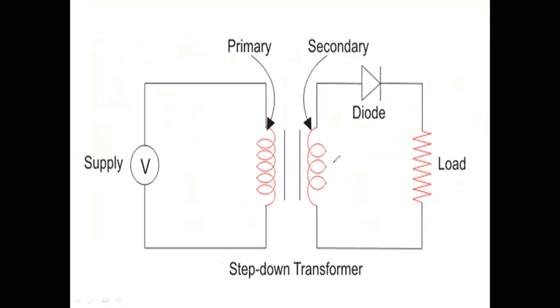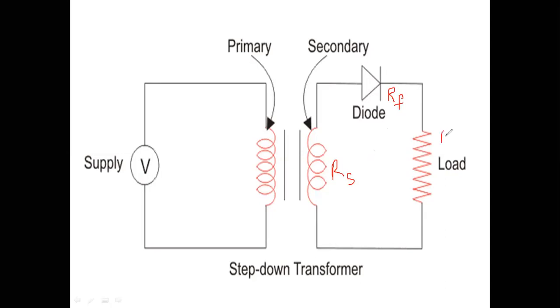This resistance I call RS, the secondary coil resistance. And the resistance of the diode I call RF, the forward resistance of the diode. I have some values here: 10 ohms, 15 ohms, 25 ohms, 30 ohms, 100 ohms, 50 ohms, like that.